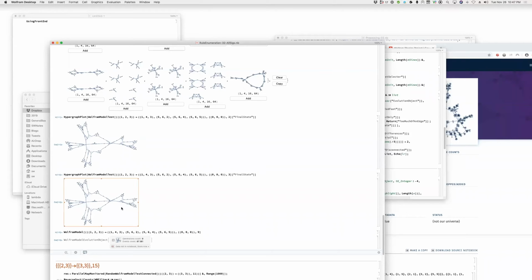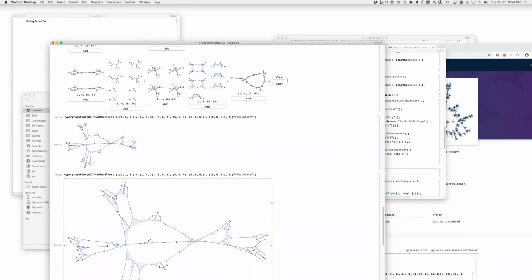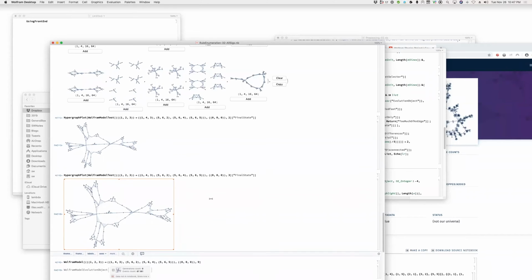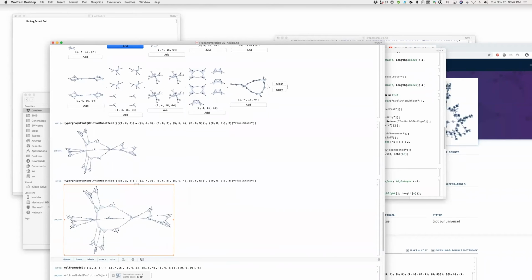Yes. Oh, it's doing all kinds of little detailed things. Can you see any difference at all? Yes. Where?